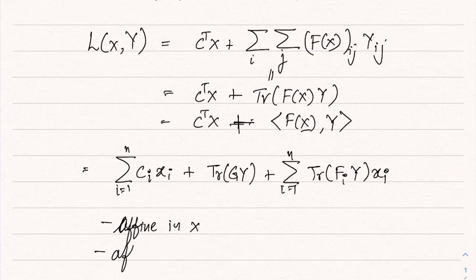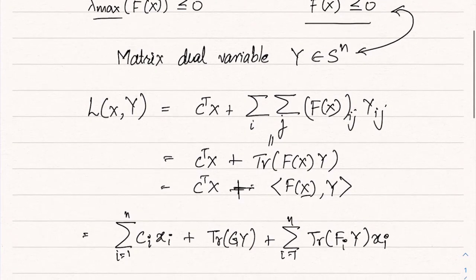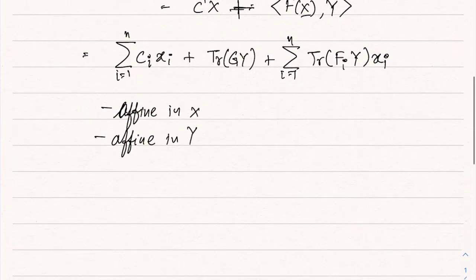It is also affine in Y, because the entries of Y appear linearly in the last two terms and do not appear in the first term. So it is affine in both the primal and dual variables. There's only one other problem which has this property, and that is the LP. So LPs and SDPs have this property that their Lagrangian is affine in both primal and dual variables. Of course, here the Lagrangian is derived from a different perspective because the constraint is expressed as a matrix constraint.